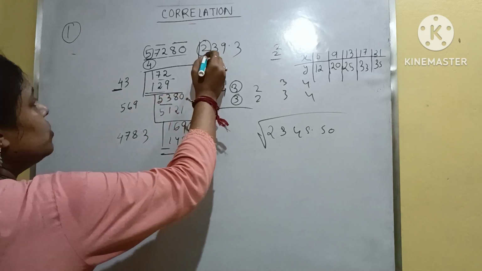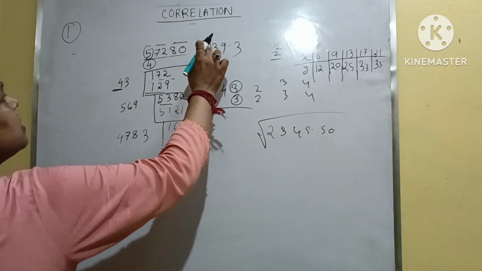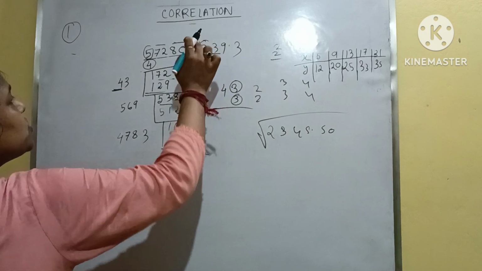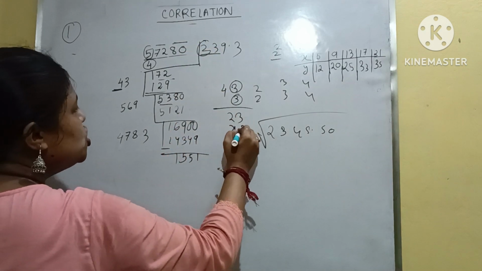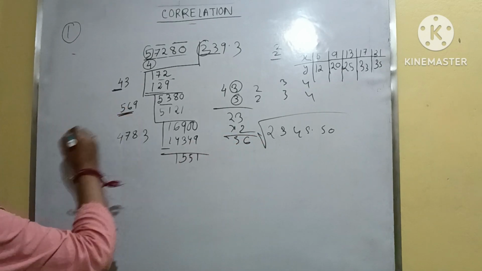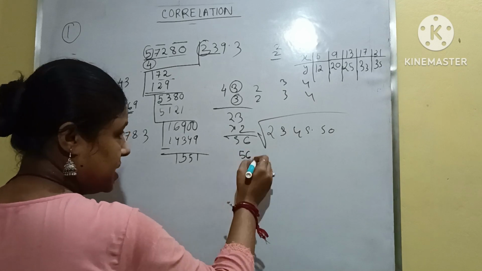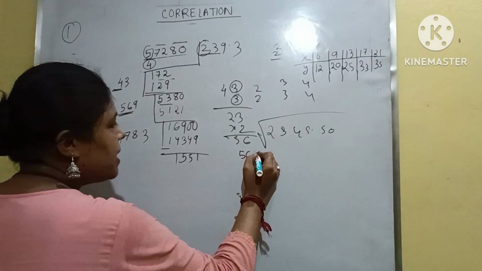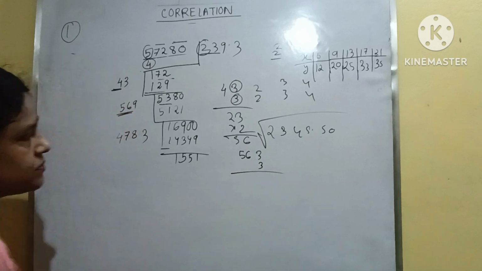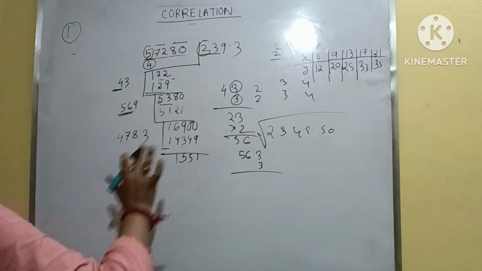And what do we do after that? 23 is your number now. So 23 is multiplied by 2, then this is 56. You have to write here 56, and after writing 56, one number must be put here. In that way you have to calculate this value.